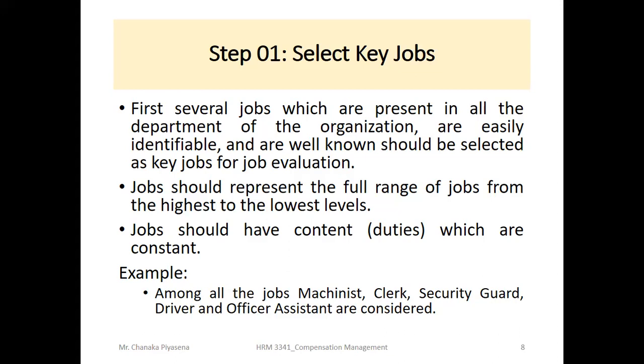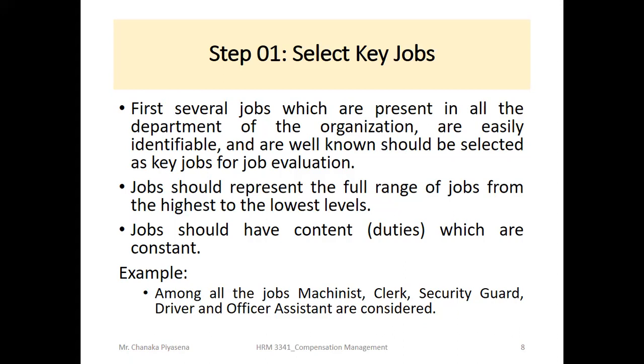Among all the jobs, machinist, clerk, security guard, driver, and office assistant are considered. I will continue the same example for this factor comparison method.